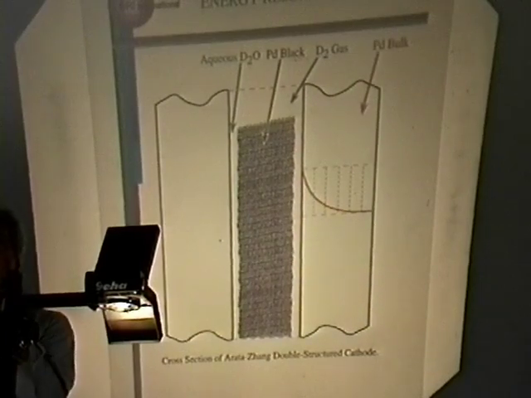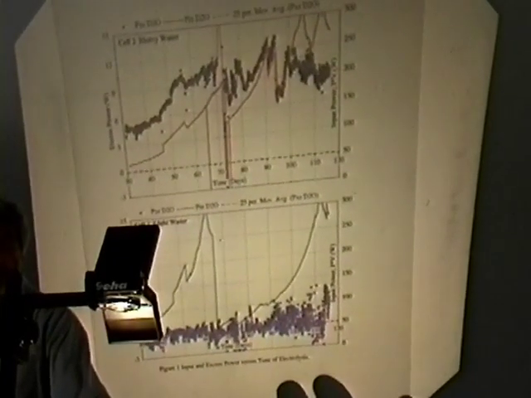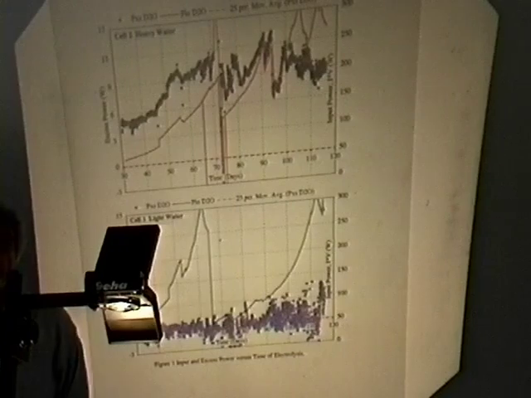So our experiment was really only intended to confirm work that had already been published and presented. The first aspect was to confirm whether or not there was any excess heat production, and the only modification that we applied to the Arata-Zhang method was to use our water flow, mass flow calorimeters.